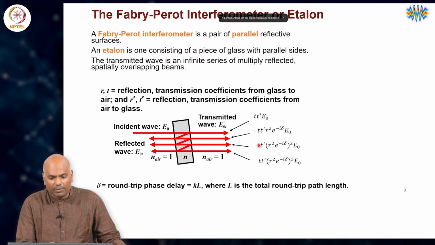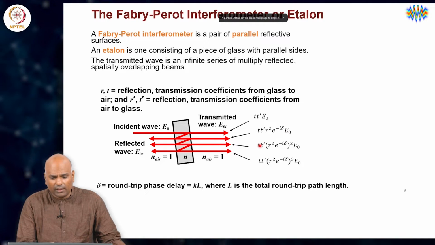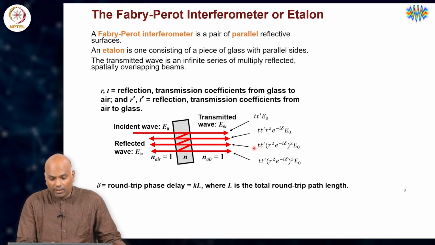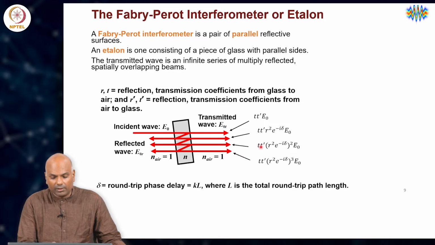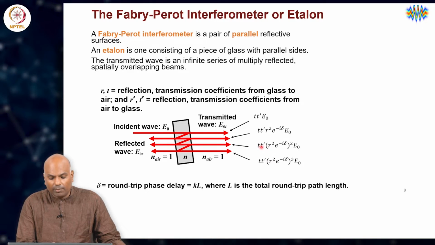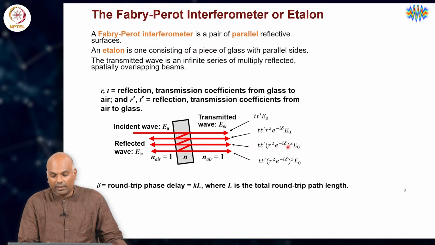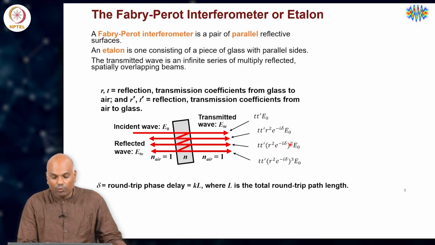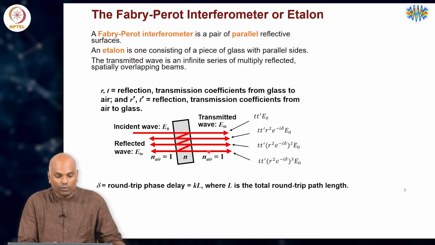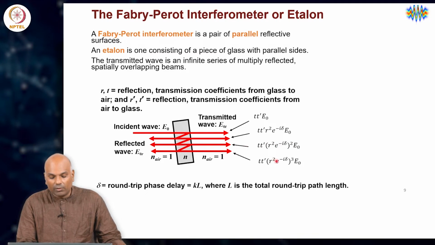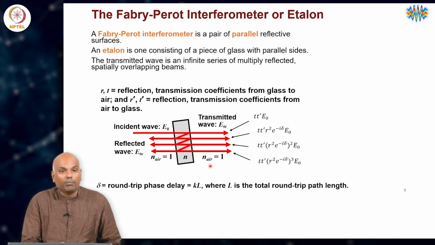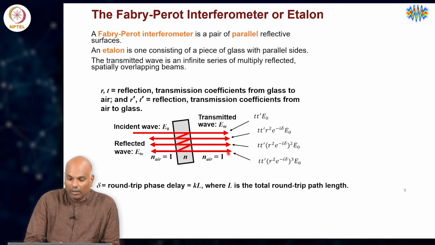Okay. So, keep doing this. After 2 round trips, this becomes t t prime times this factor r square e to the minus i delta raised to the power 2 for 2 round trips, for 3 round trips raised to the power 3, but then the beam knows no limits.